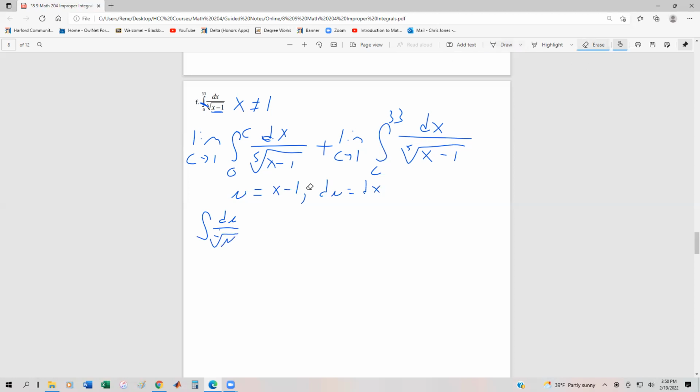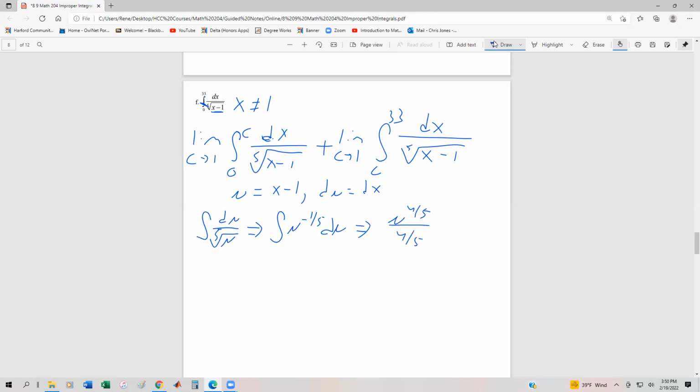We're just going to ignore all the limits of integration and anything that has to do with the boundaries. This is the same as the integral of u to the minus 1/5 du, which is the same as u to the 4/5 divided by 4/5.